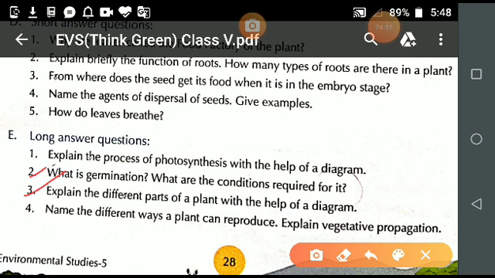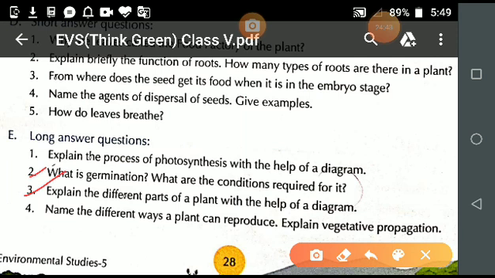At that time I explained seeds are very important for plants, because new plants are produced by the seeds. Is it clear? So students, flowers play a very important role in plants.